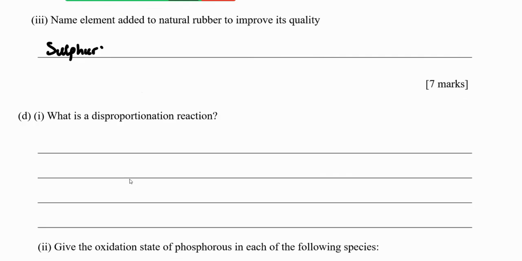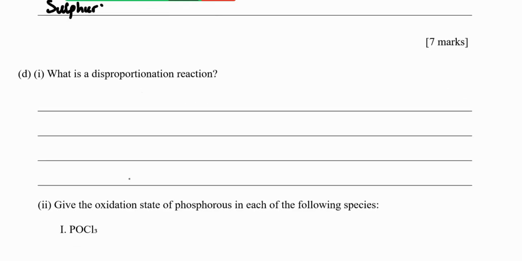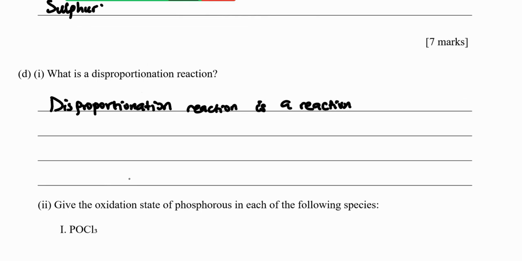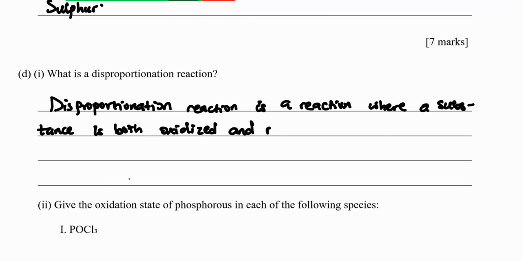Now the next question says, what is a disproportionation reaction? A disproportionation reaction is a reaction where a substance is both oxidized and reduced.